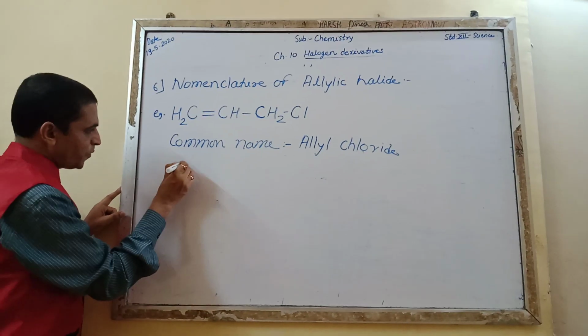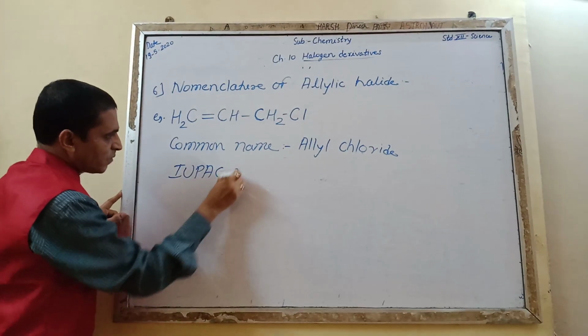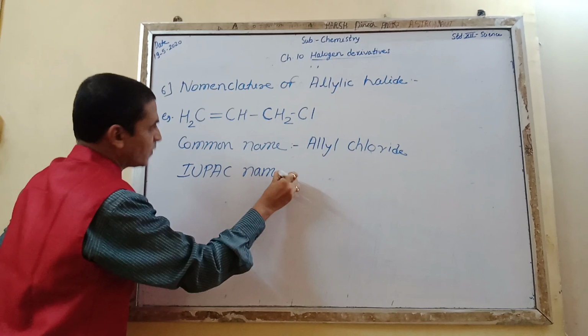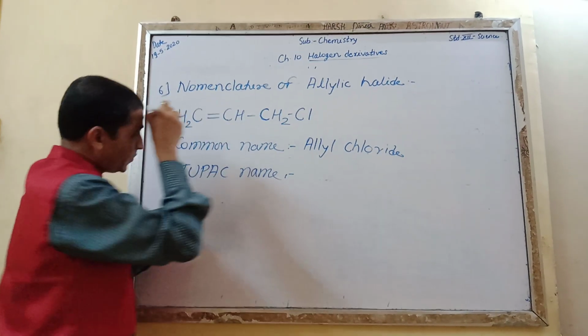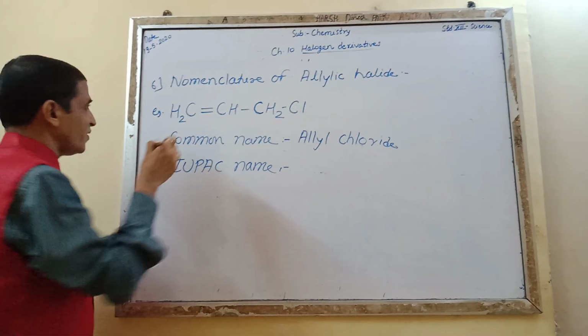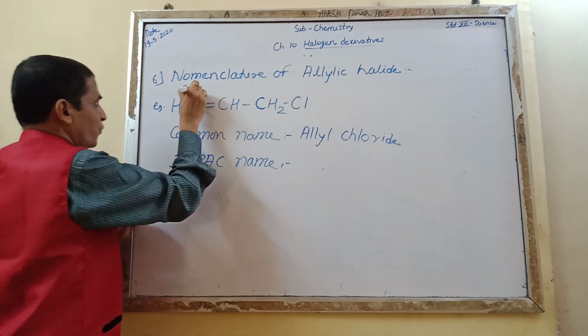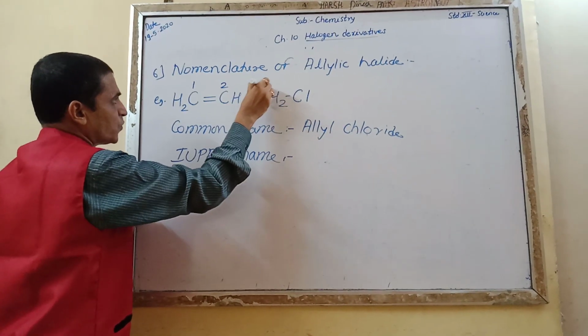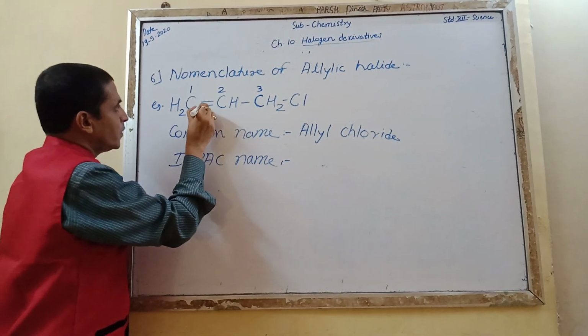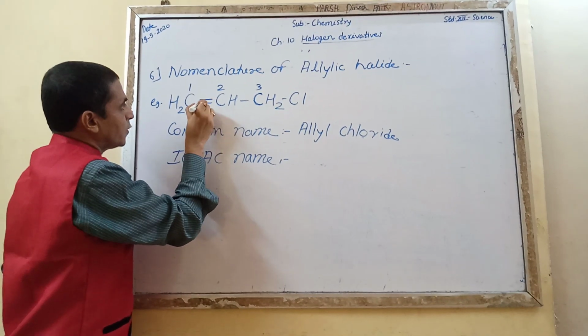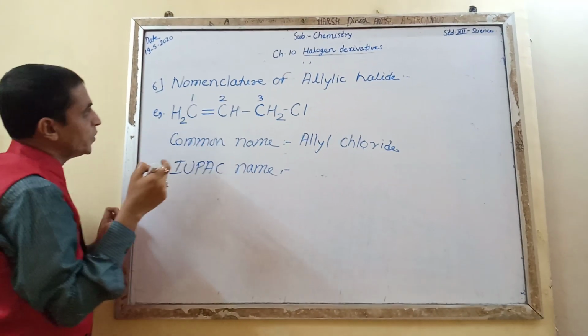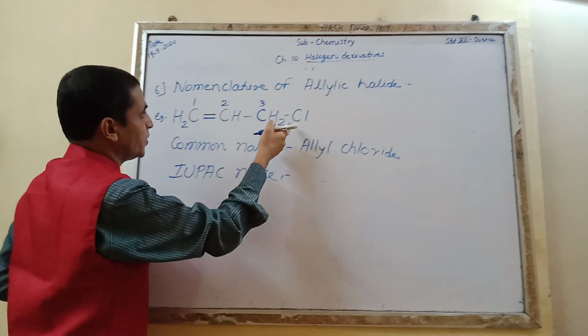Now see the IUPAC name. IUPAC name can be written as 1, 2, 3. Remember, alkene is preferred first as compared to chlorine.